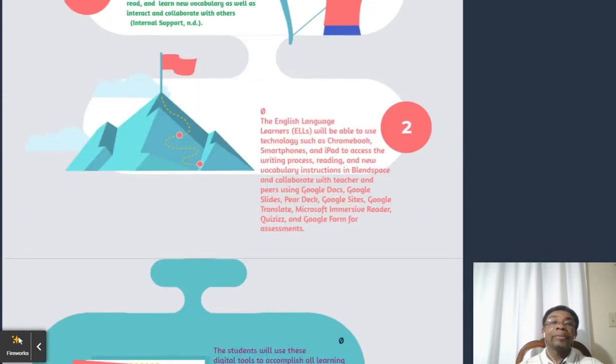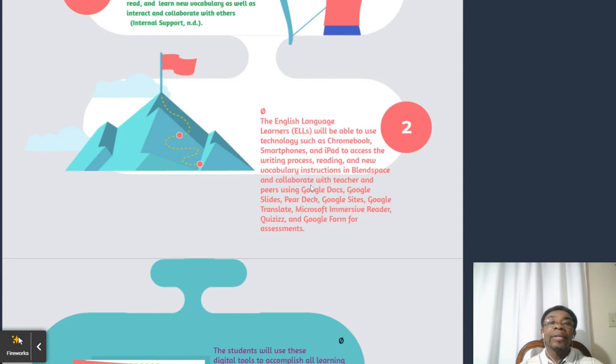Okay, number two, the second objective: the English language learners or ELs will be able to use technology such as Chromebooks, smartphones, and iPads to access writing process, reading, and new vocabulary instruction in BlendSpace. And BlendSpace is actually the learning management platform that we're using for this blended course.